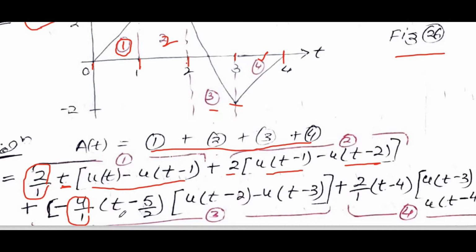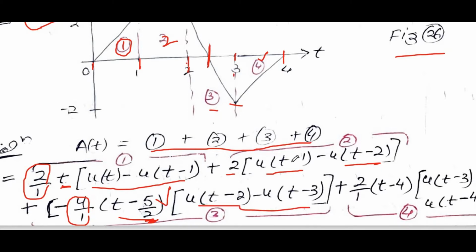Why I have written this 5 by 2? Because this line will definitely pass from the intersection of 2 and 3. This 2.5 is the midpoint of 2 and 3. So I have written 2.5 or 5 upon 2. Then I have to apply a gate function from 2 to 3, u of t minus 2 minus u of t minus 3.